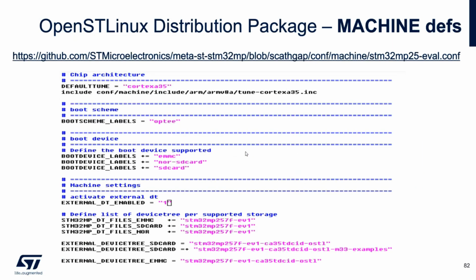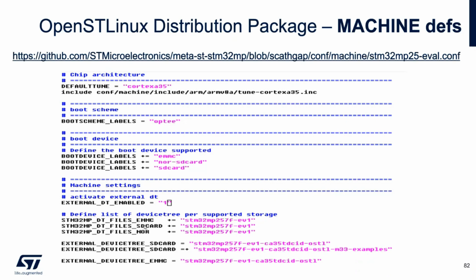And what's the content of this kind of file? It is just a description of the hardware of the board. So we have the description of the boot device that can be MMC, SD card, NOR. You will define here if you want to use the external device tree. We will see later what the external device tree means.